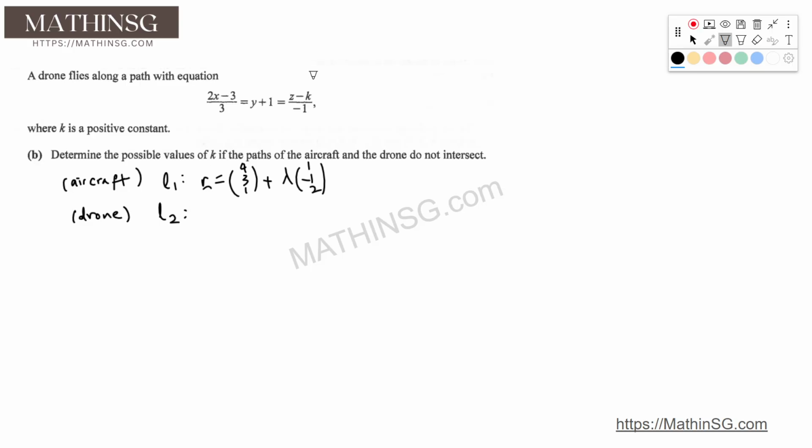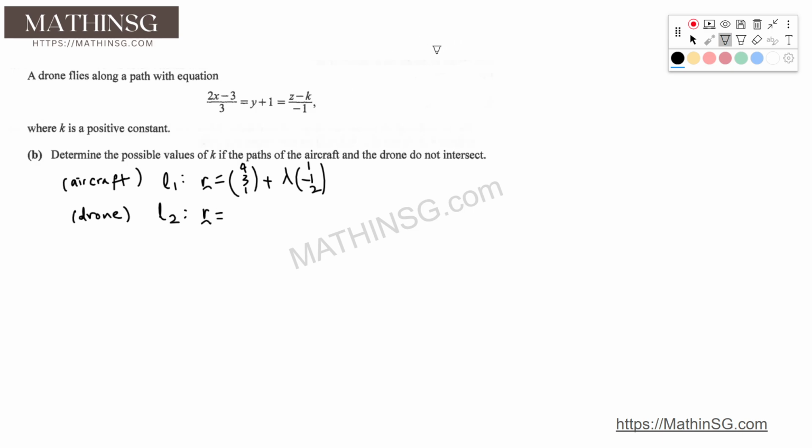I want to write it in the vector equation form because it is easier for us to do the calculation. The Cartesian equation is harder for us to do anything with. So let's write this in the vector equation form.